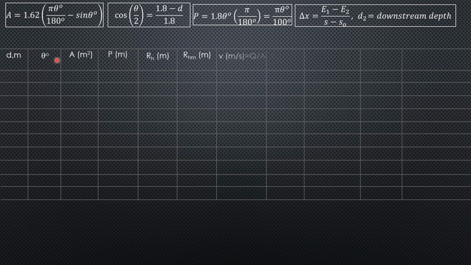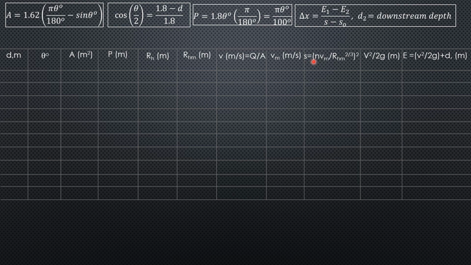Aside from that, let's tabulate the following: the depth, theta degrees, but not all, of course, some. Area, perimeter, hydraulic radius, mean hydraulic radius in computing for S, velocity, Q over area, mean velocity, the average of the velocities at two sections, between 1 and 1.2 and between 2 and 2.1 later.